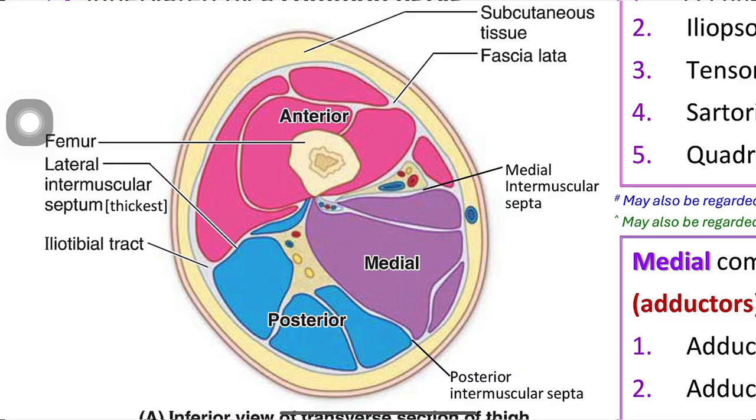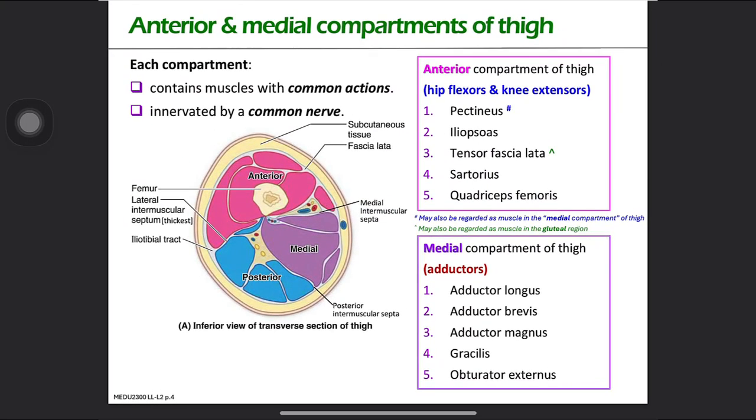This is the great saphenous vein, very standalone, and then running medially, right? Okay, good. So the anterior compartment of the thigh, we're referring to this one here, okay?